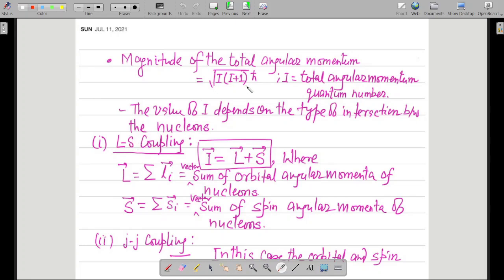How does the value of I, the total angular momentum quantum number, depend on the type of interaction between the nucleons? Suppose we have one proton and one neutron inside the nucleus, and they are nearby.